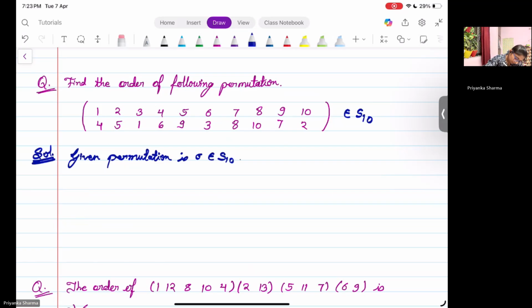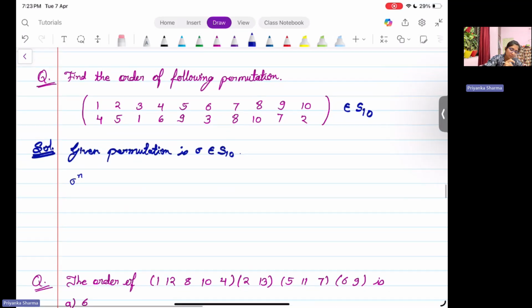We need to find the smallest natural number n such that sigma to the power n of i is i for all i belonging to I10. So this will be the order of sigma. The first way is to find this in a detailed or complex way, but the calculation will be reduced if we consider the cycle decomposition of sigma.